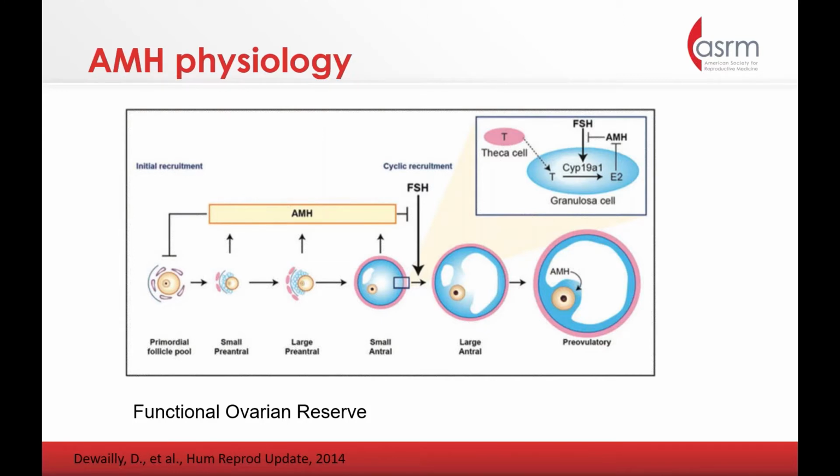In fact, AMH suppresses activation of the primordial follicles, that is, the initial recruitment from the primordial follicle pool to the growing cohort. Thus, AMH reflects the growing cohort that could be recruited for cyclic recruitment, but may not represent the overall number of remaining oocytes. However, in most women, the number in the growing cohort most likely reflects the size of the primordial follicle pool.